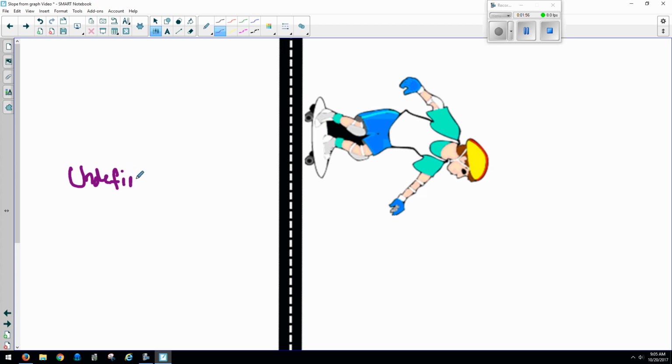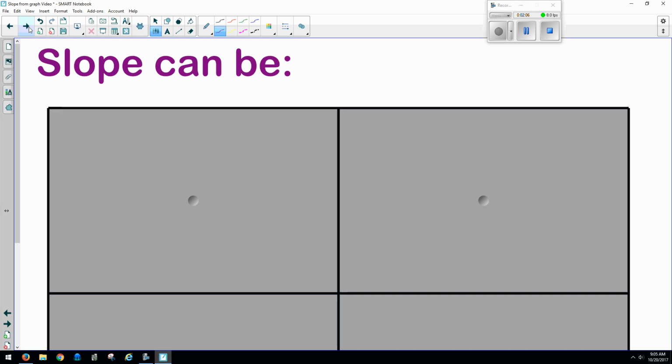Now in class, we are going to become well acquainted with SlopeDude, and SlopeDude will really help you figure out the different types of slopes. So here we go. You can write this down.